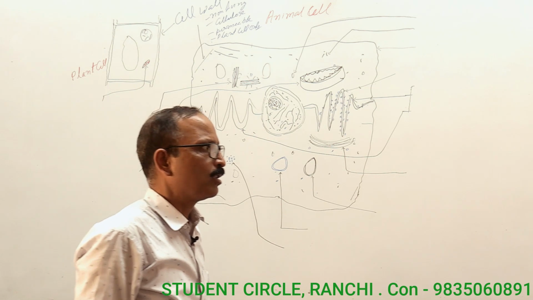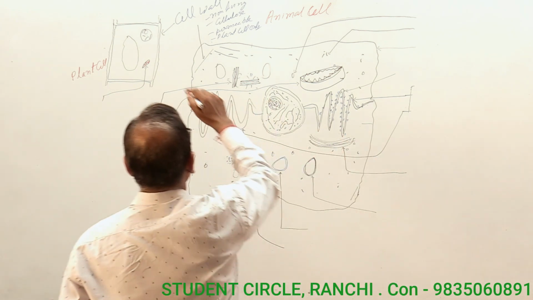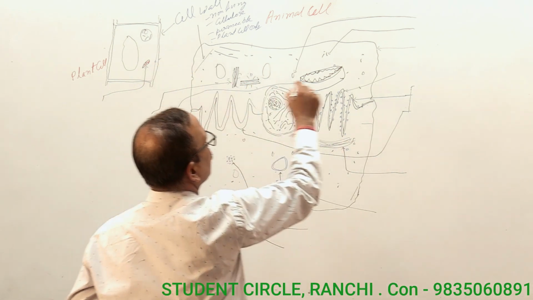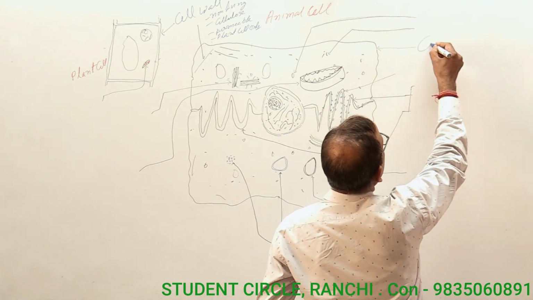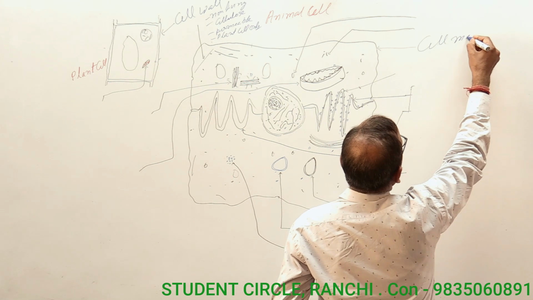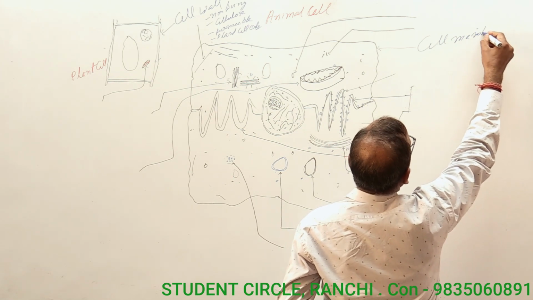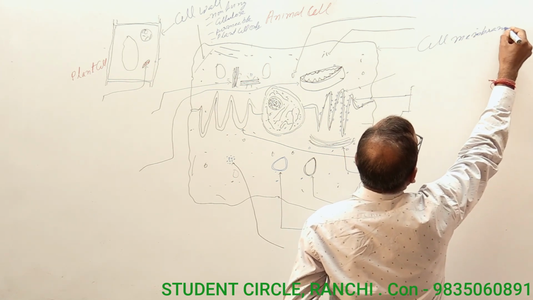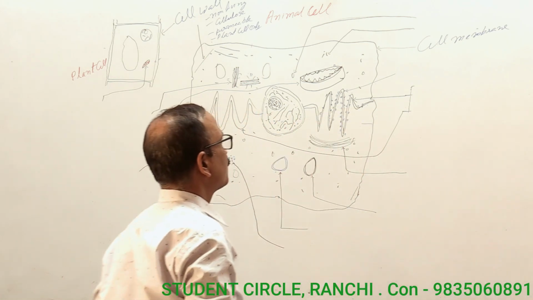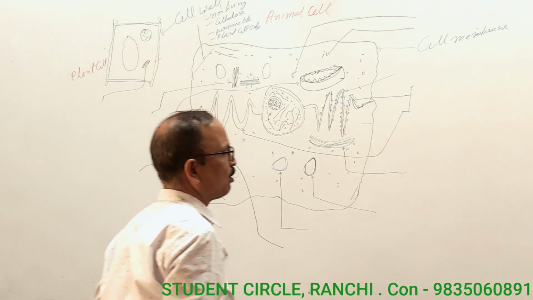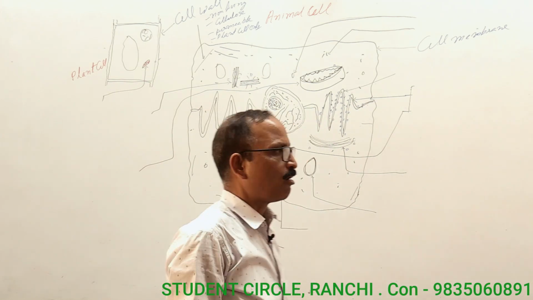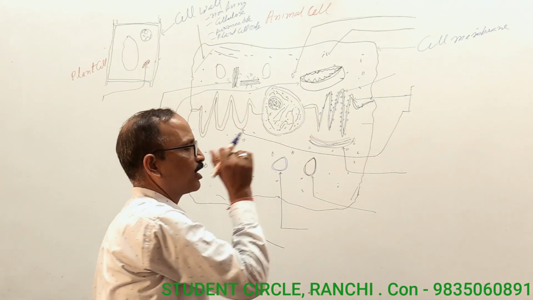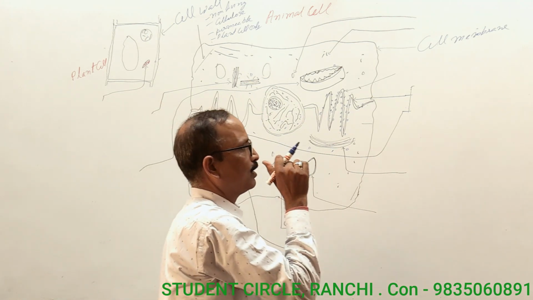Inside the cell wall, we have the cell membrane. Here it is, the cell membrane. Now come to this diagram. This makes the boundary of a cell, gives shape and encloses all the things like cytosol and the organelles inside it.